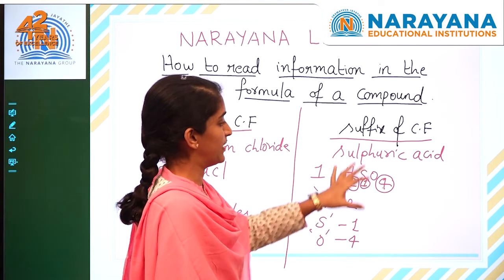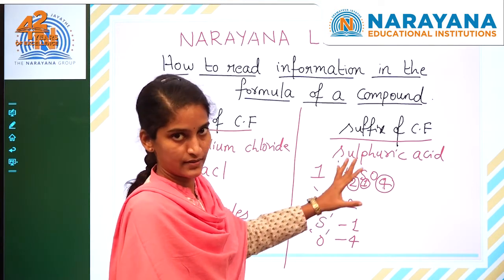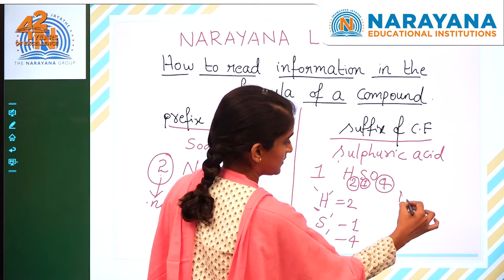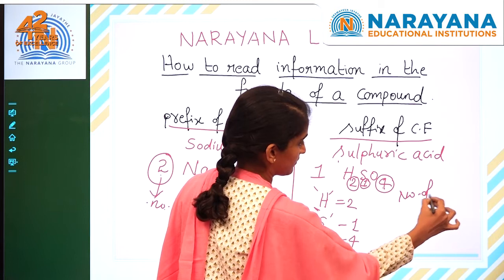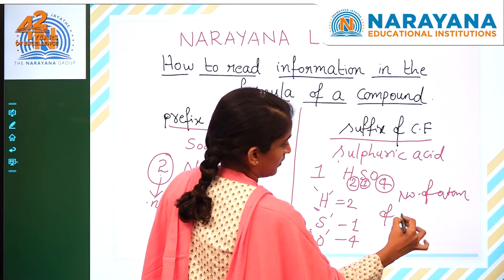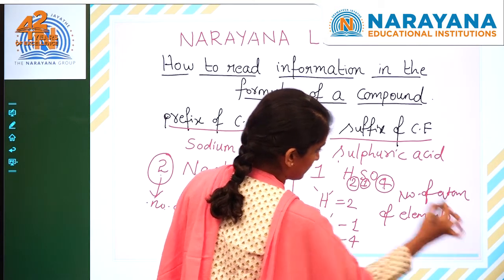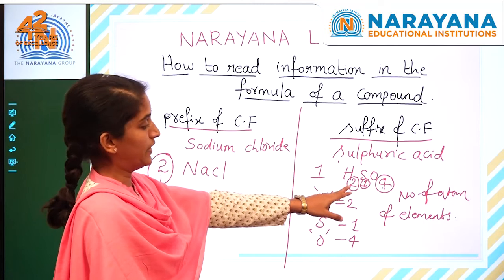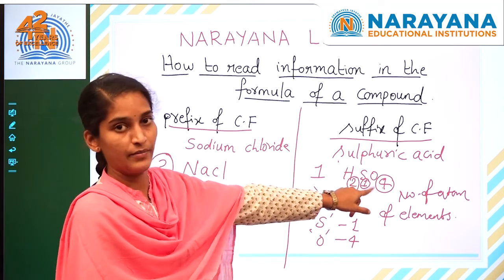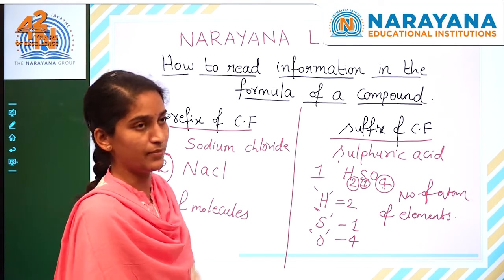Coming to suffix, whatever numeral is written to the right bottom side of the respective elements, those numerals indicate the number of atoms of that particular element. So in H2SO4, the hydrogen element has 2 atoms, the sulfur element 1 atom, and the oxygen element 4 atoms. Okay, this is about the prefix and suffix of chemical formulas.